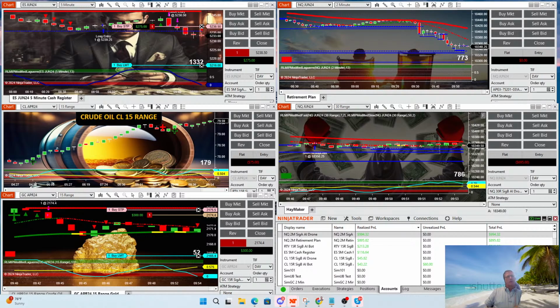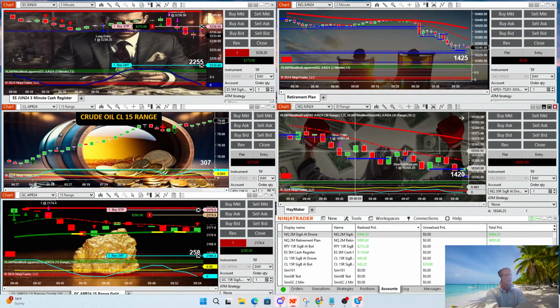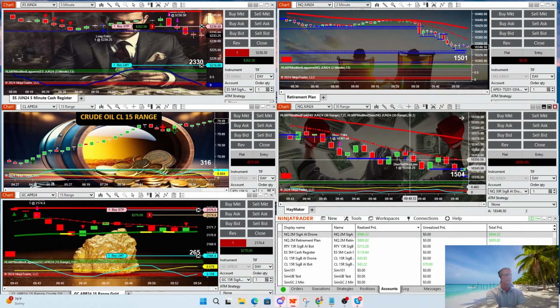Kind of waiting for the market to hit a bottom on the NASDAQ in order for that to happen. We kind of got caught up in this chop a little earlier. Needed a little more room on that.